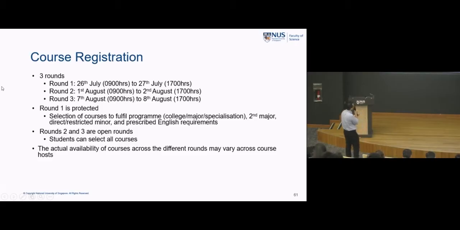The actual availability of courses will differ in different rounds because sometimes departments also inject more quota later on. So we protect some quota, but we also want to make sure that some students can also access that course as an elective or a UE, so quota can be injected later on for later rounds.